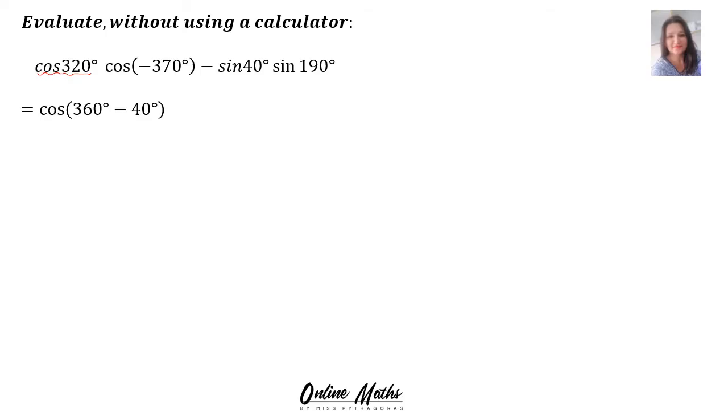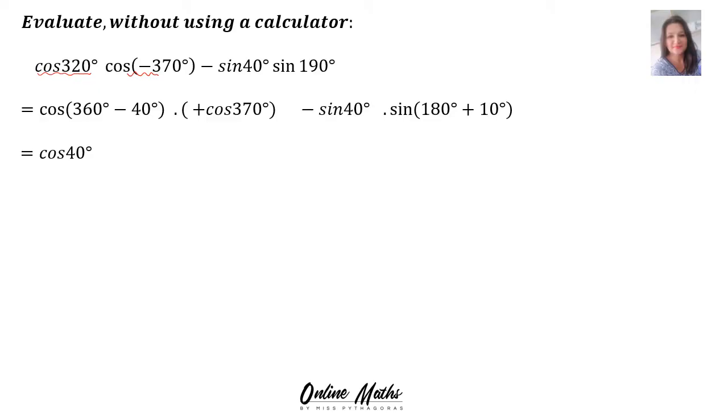And then the next one, cos of minus 370 is a negative angle, and that one can be written as plus cos 370. The minus sin 40 stays, and sin 190 is the same as sin of 180 plus 10. Then back to the first one, cos of 360 minus 40 can be written as cos 40.